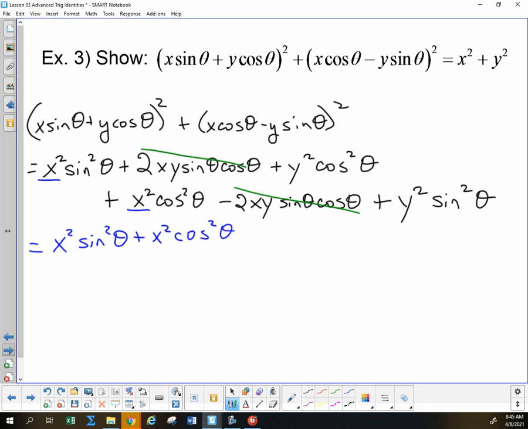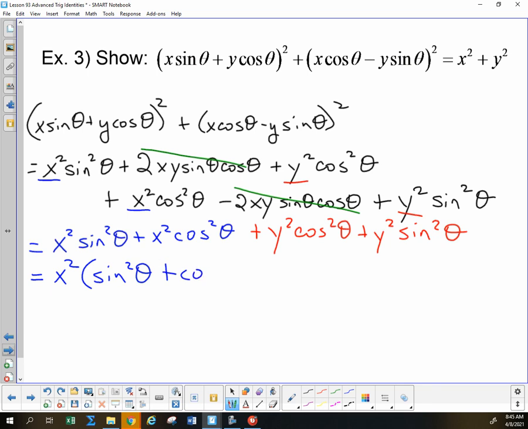And when I put my y terms together, I have plus y squared cosine squared theta plus y squared sine squared theta. And then let's try factoring the x squared out of these two. And let's factor out the y squared on these.